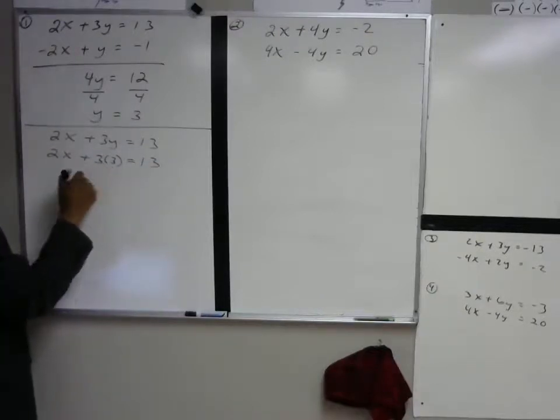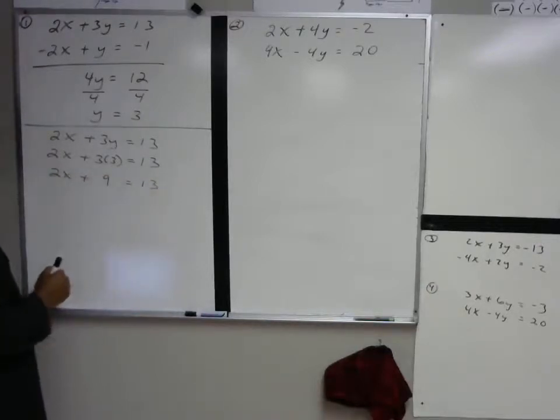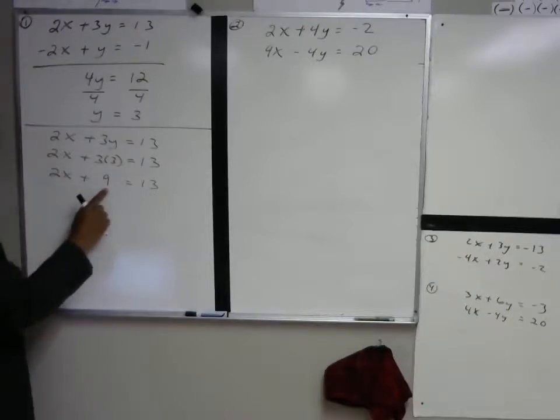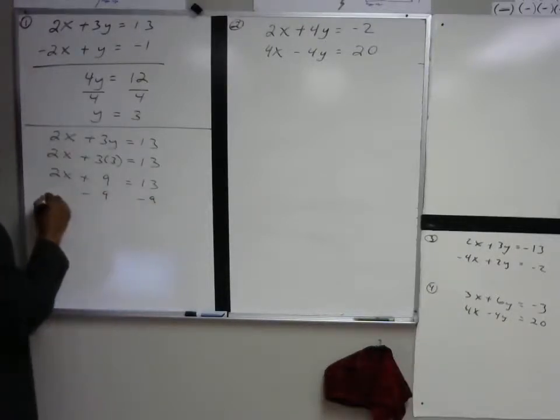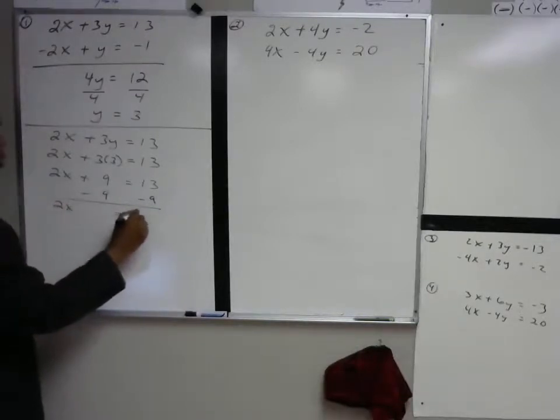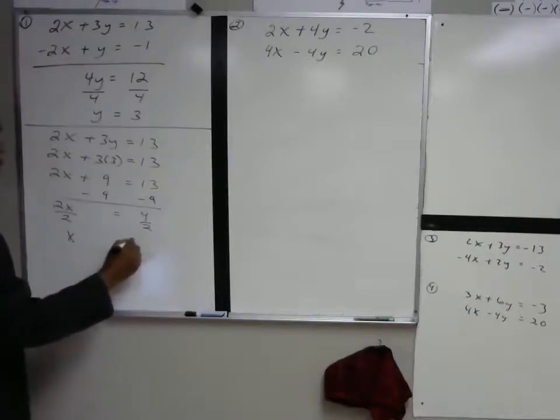This multiplies and becomes a 9. So we have 2x plus 9 equals 13. To isolate x, I'm going to subtract 9 from both sides. End up with 2x equals 4. Now divide both sides by 2. And we now have x equals 2.